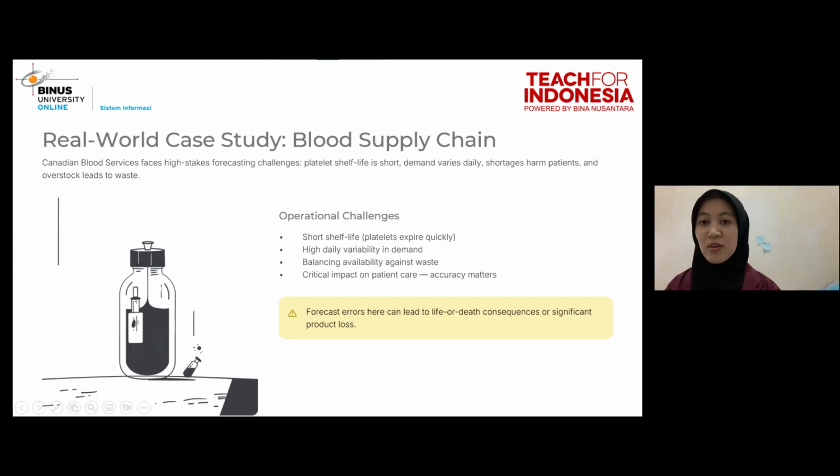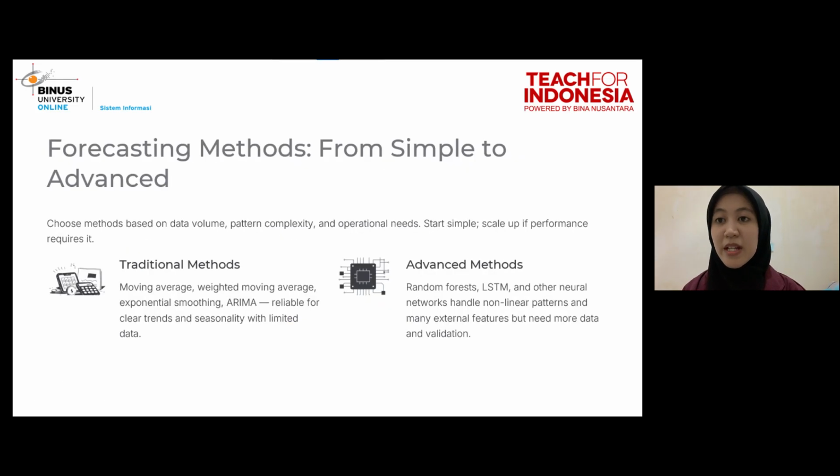So how can organizations forecast future demand? We can see at the next slide there are many forecasting methods available, ranging from simple statistical techniques to advanced artificial intelligence models. Traditional methods include moving average, weighted moving average, exponential smoothing, and ARIMA.